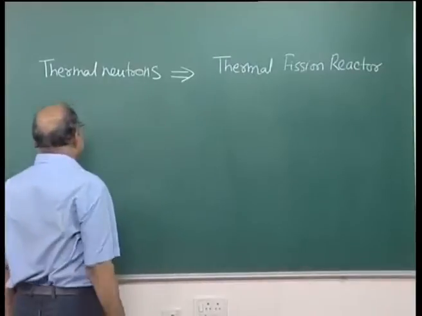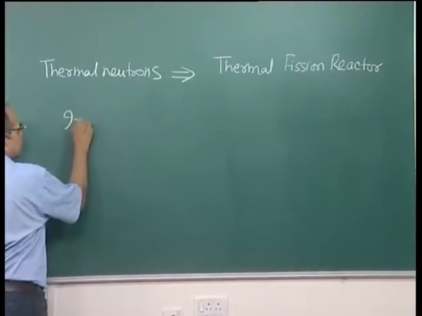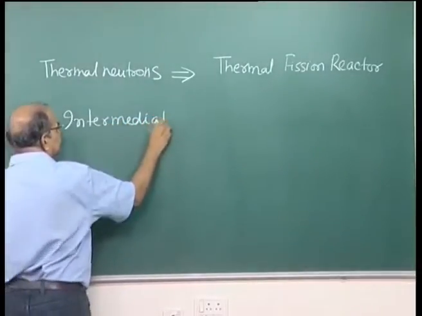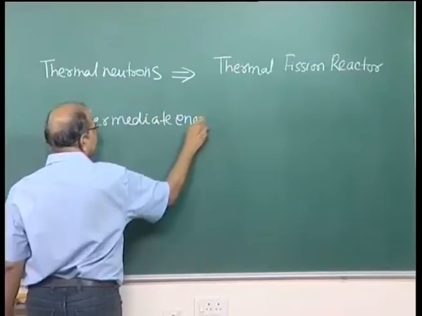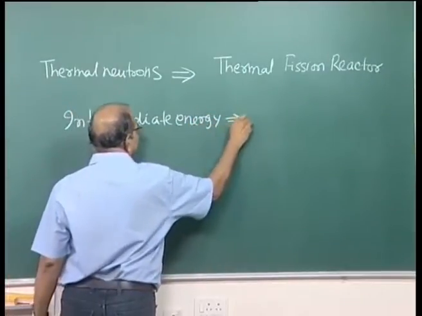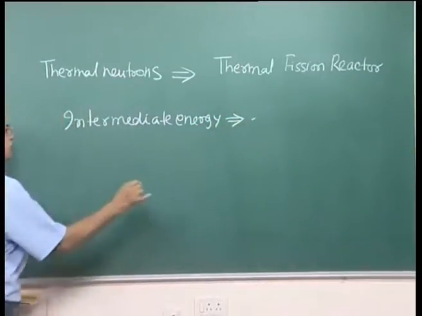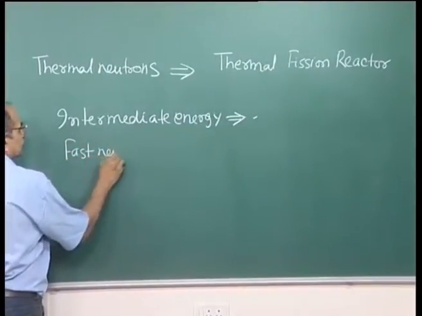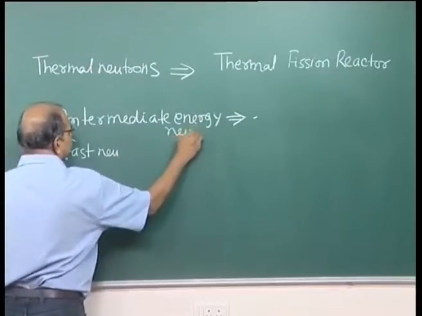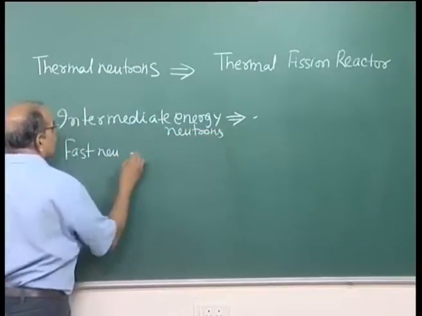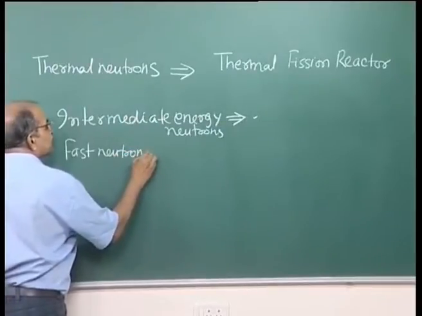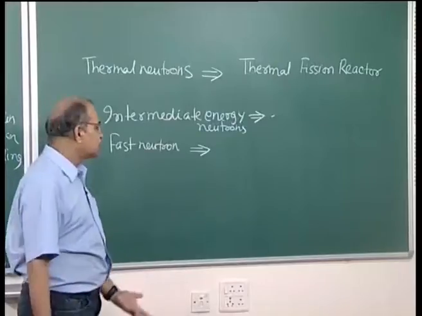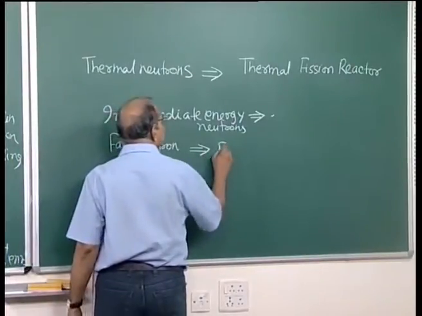Another is intermediate energy, where moderation is there, but to intermediate energy. You can call it an intermediate fission reactor. Then the fast neutrons: if fast neutrons are producing the next generation fission, then you call it a fast reactor.